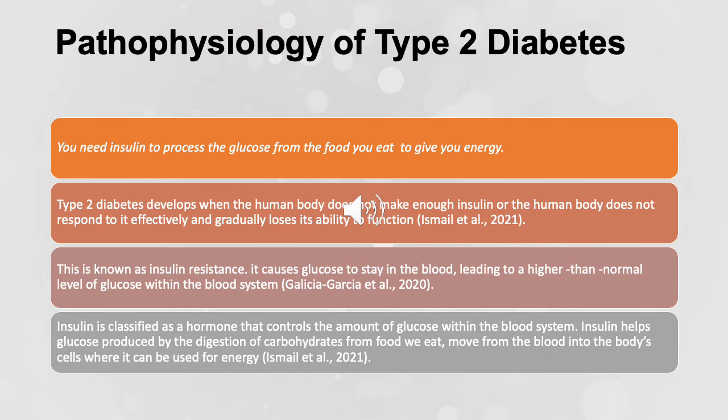It causes glucose to stay in the blood, leading to a higher than normal level of glucose within the blood system. Insulin is classified as a hormone that controls the amount of glucose within the blood system. Insulin helps glucose produced by the digestion of carbohydrate from food we eat move from the blood into the body's cells where it can be used for energy.